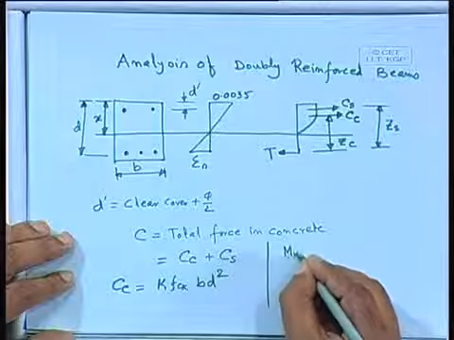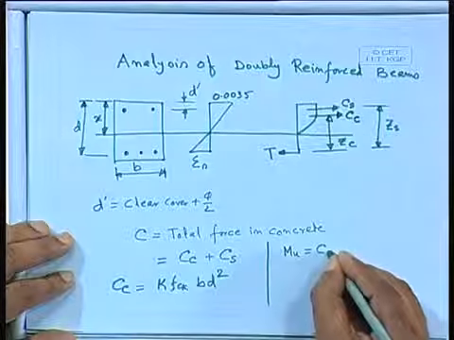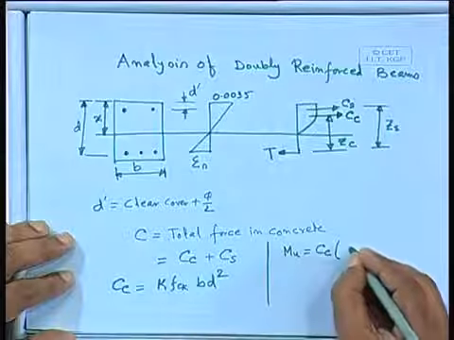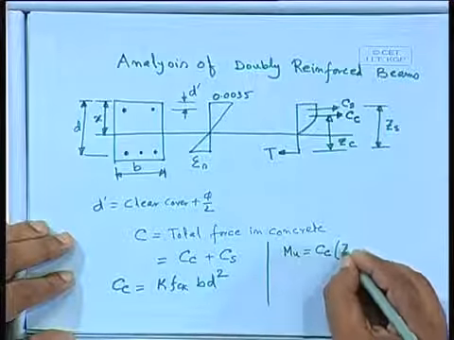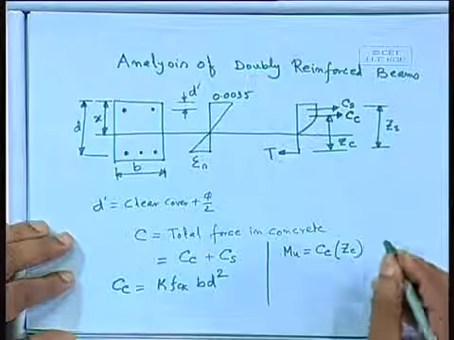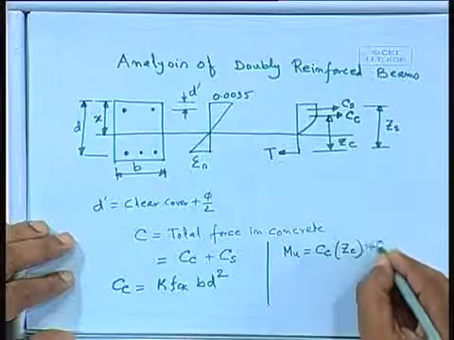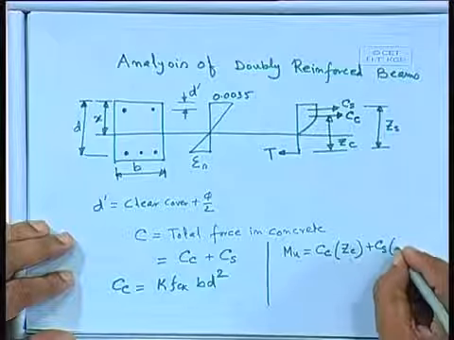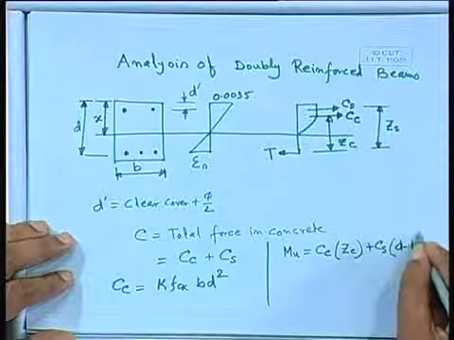So we can write down Mu equal to Cc times Zc, the lever arm, plus Cs times d minus d dash.